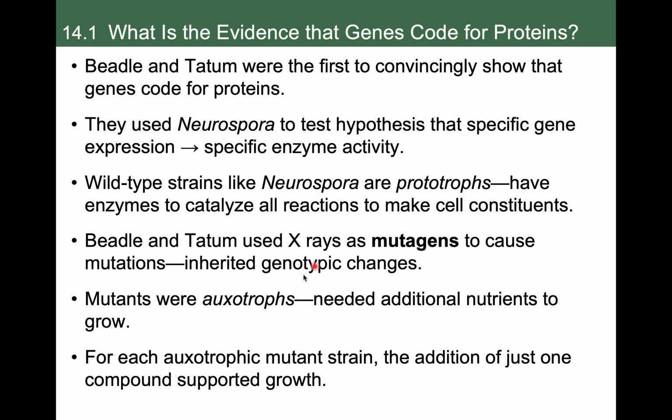In particular, they were working with nutritional mutants, mutants that could not produce all the micronutrients that they needed in order to survive. But basically, as long as you understand the idea that they are the ones that established this link between genes, changes in genes, mutations, and changes in proteins and phenotype.